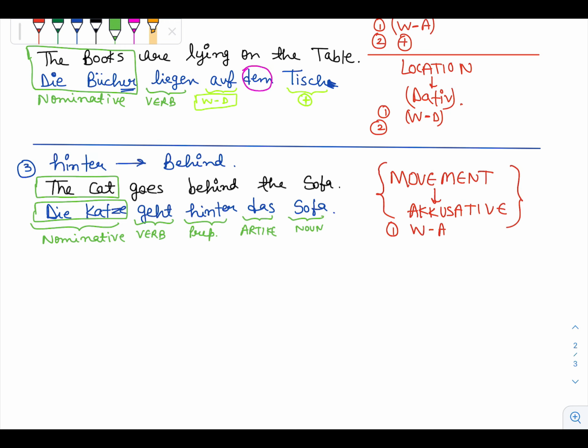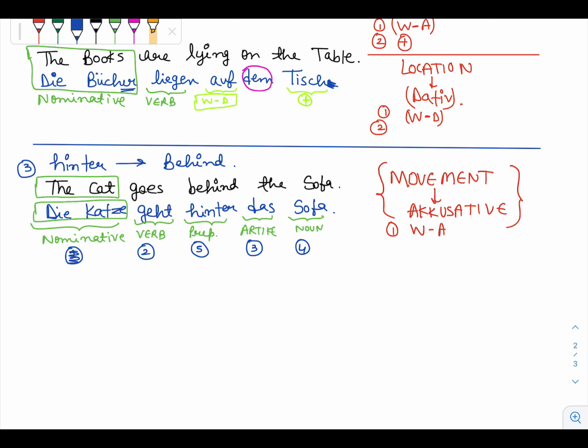Okay, all these things we did serially. In some lectures, first we talk about nominative, then how we conjugate the verb, then the articles, then the nouns, and now the prepositions. When we move further, we will learn extra things.